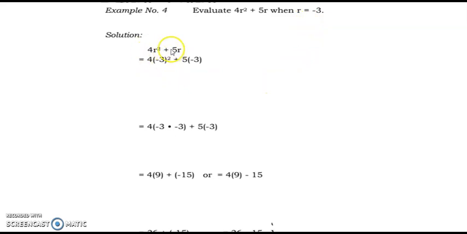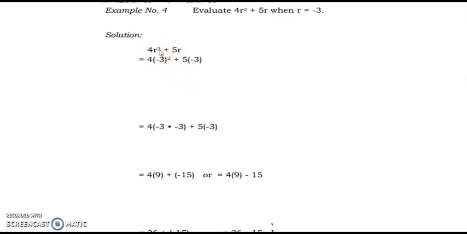So just copy the given algebraic expression. We will just substitute all r's with -3. Then check the operations. In the given, there is an exponent, a small number at the upper right, which is 2.